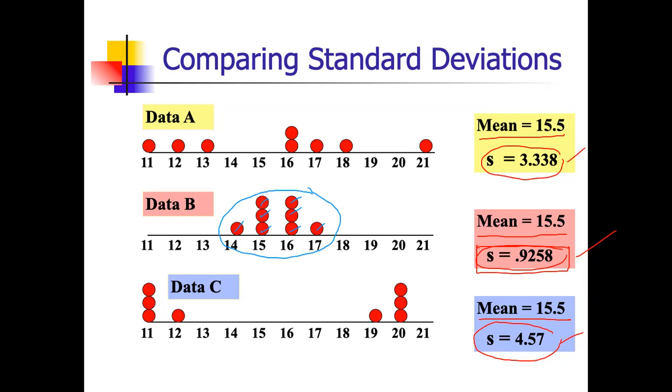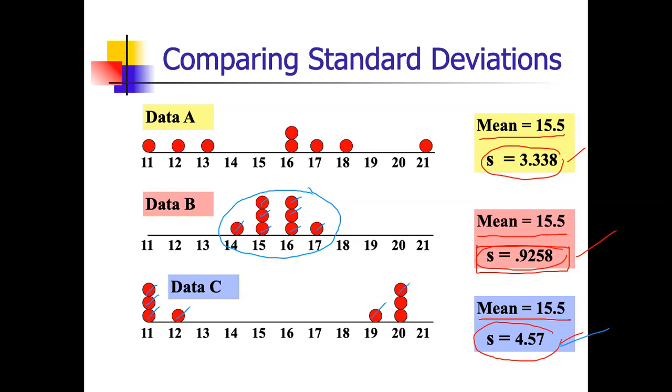Now, if we look at the standard deviation of the third data set, which is 4.57, we notice that this is the greatest, or the biggest standard deviation compared to all three of them. By observing how our data values are distributed in data C, we have 11, 11, 11, then we have 12, then we have 19 to the far right end of the distribution.